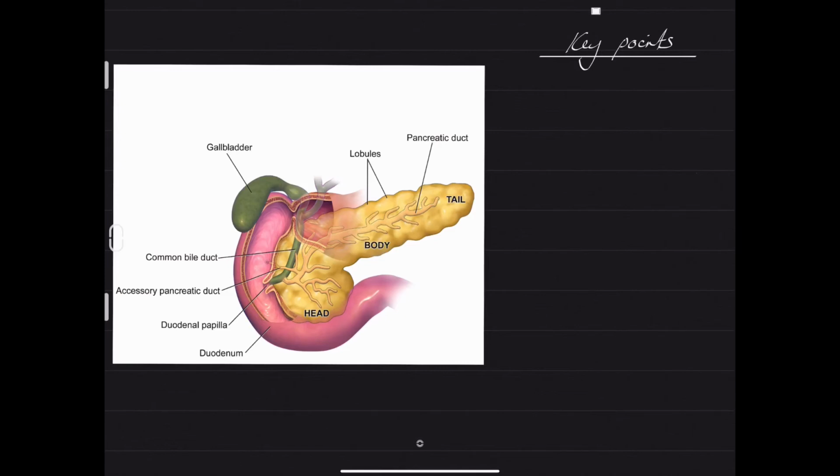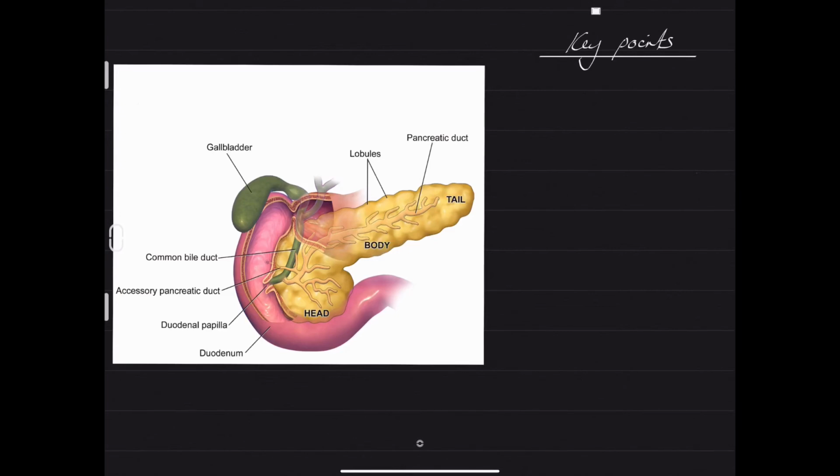Now, you don't need to know these labels for your exam, but it's good to be aware of how the pancreas gets the enzymes that are involved in digestion to the small intestine, and you can see how the connection is made there.